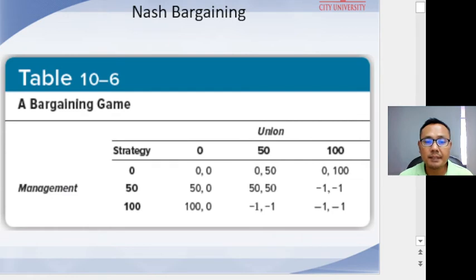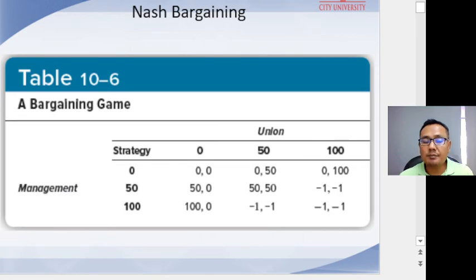Okay. To be concrete, suppose management and a labor union are bargaining over how much of a $100 surplus to give to the union. Suppose for simplicity that the $100 can be split only in increments of 50. The players have one shot to reach an agreement. The parties simultaneously write the amount they desire on a piece of paper, like 0, 50 or 100.